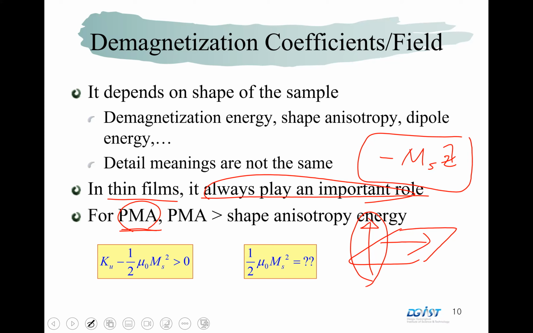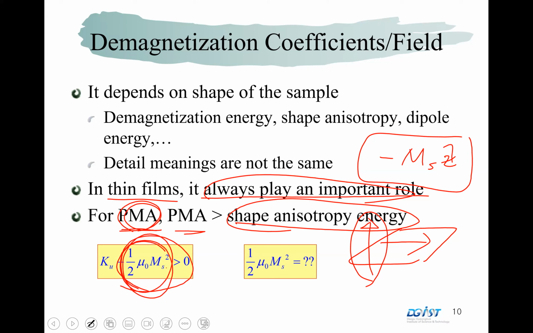So for this perpendicular magnetic anisotropy, to achieve the up or down direction of the magnetic moment, magnetization, the anisotropy energy should be larger than the shape anisotropy energy. The system always prefers the lowest energy, so to make a certain condition, we need a certain energy.